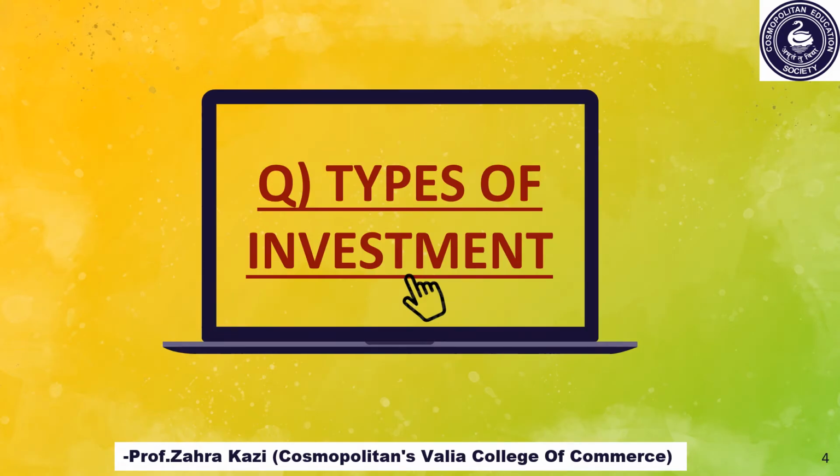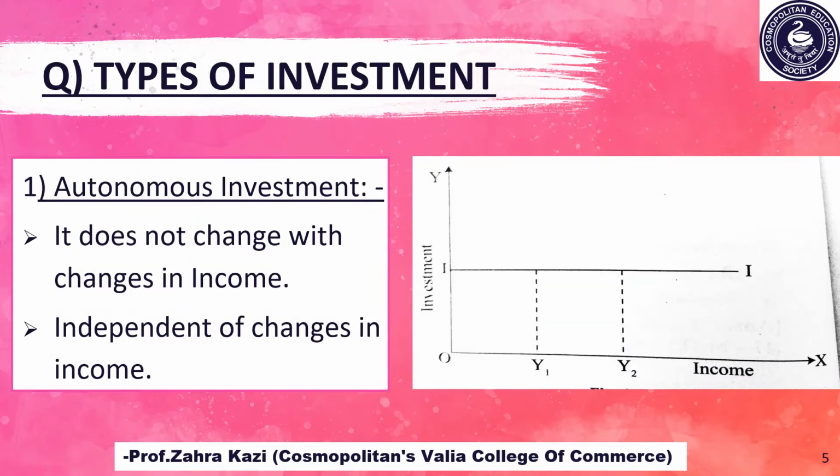The first question in this topic of investment function is types of investment. Let us understand this. Types of investment. The very first type is autonomous investment. Autonomous investment is an investment which does not change with the changes in income.